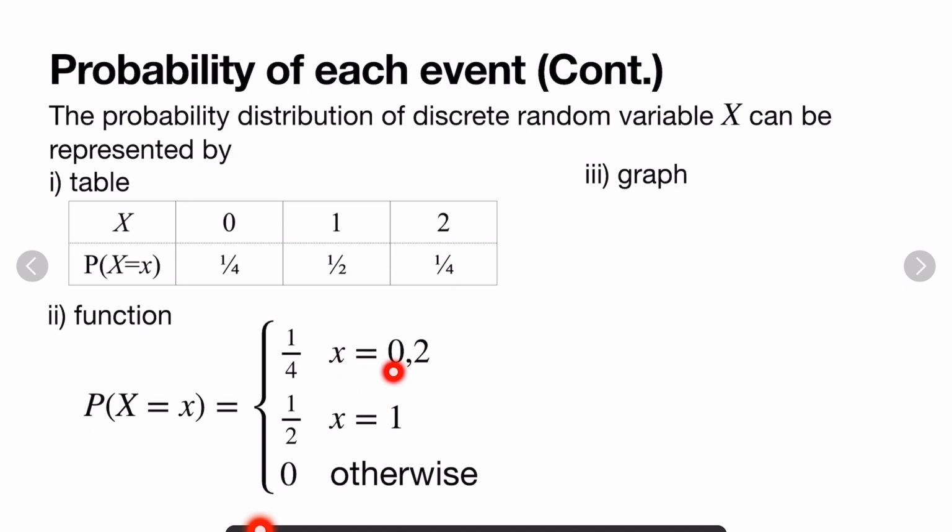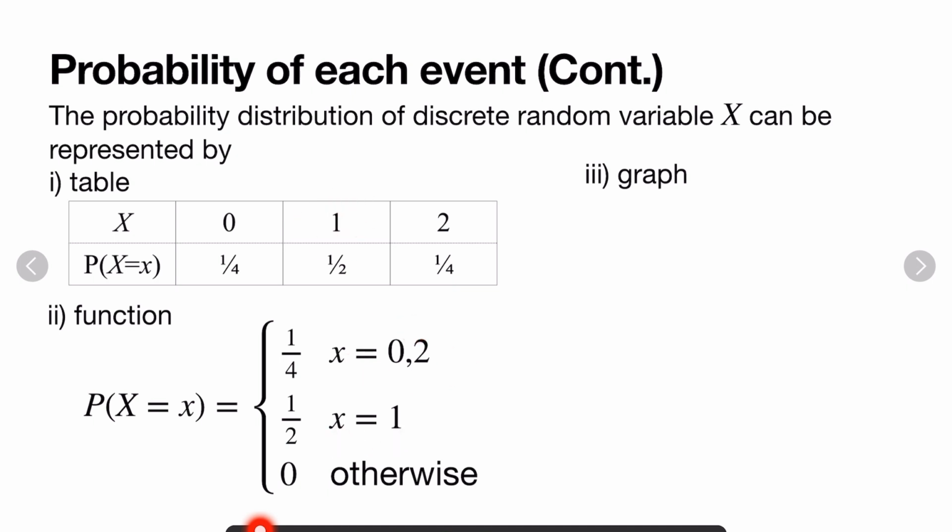X equals 0, the probability is 1/4. X equals 2, the probability is also 1/4. So you don't have to write it every single time; do it once only: 0, 2, the probability is 1/4. No need to list one by one. Just combine them.